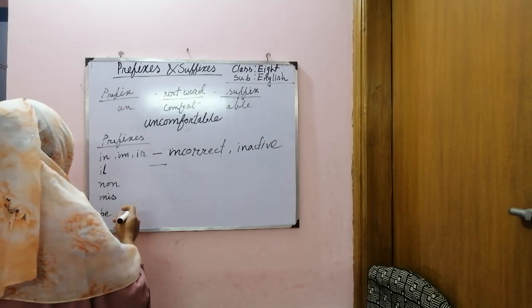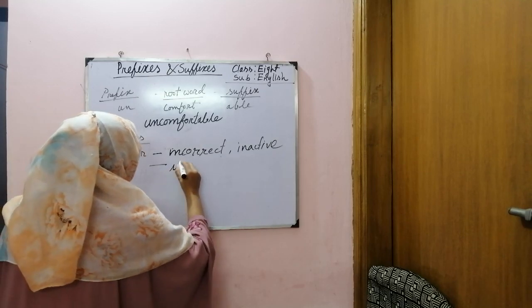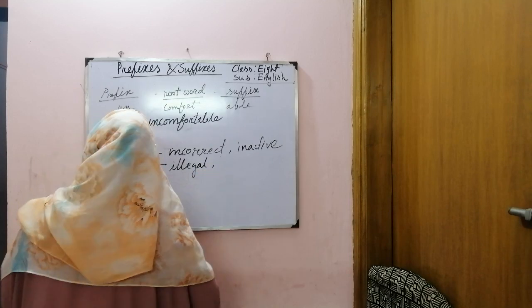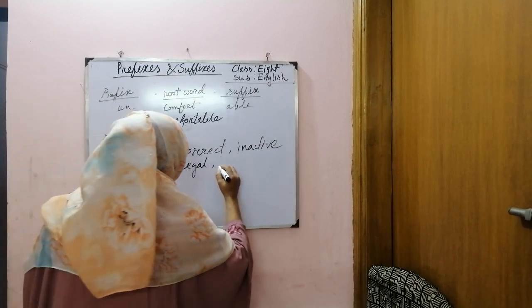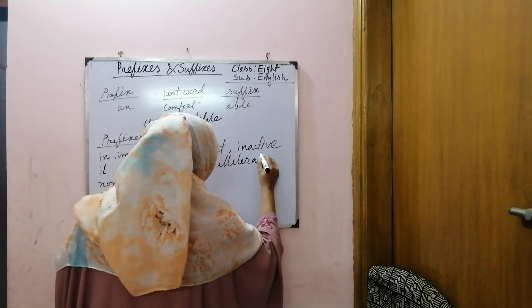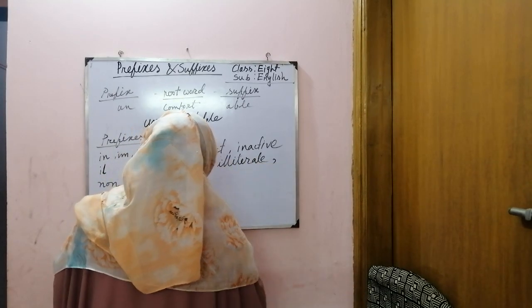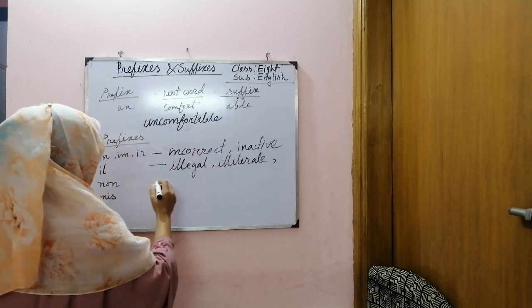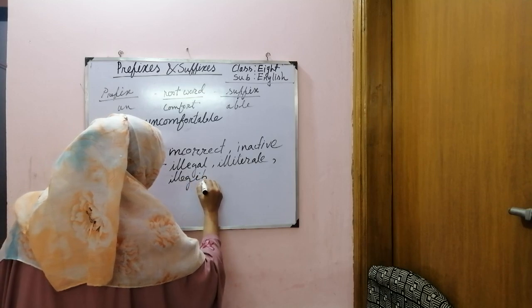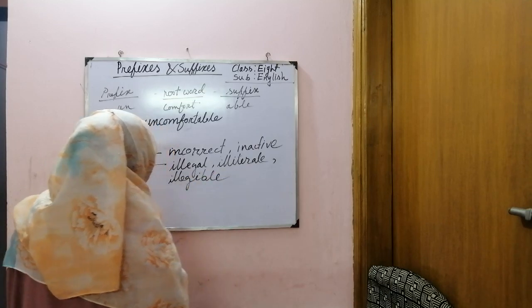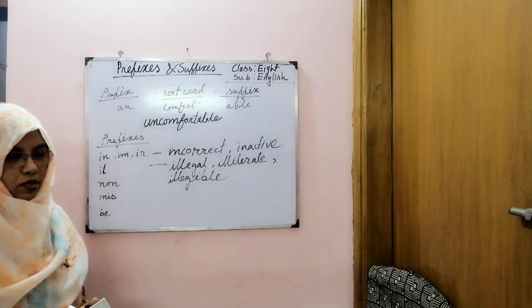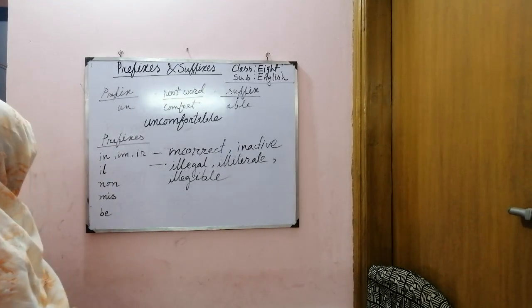We can write illegal, illiterate, illegible. Illegal, not legal; illiterate, not literate; illegible, not legible.